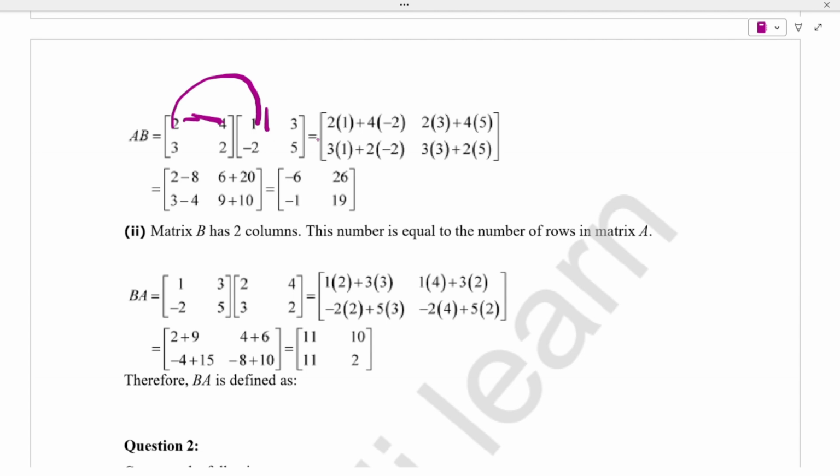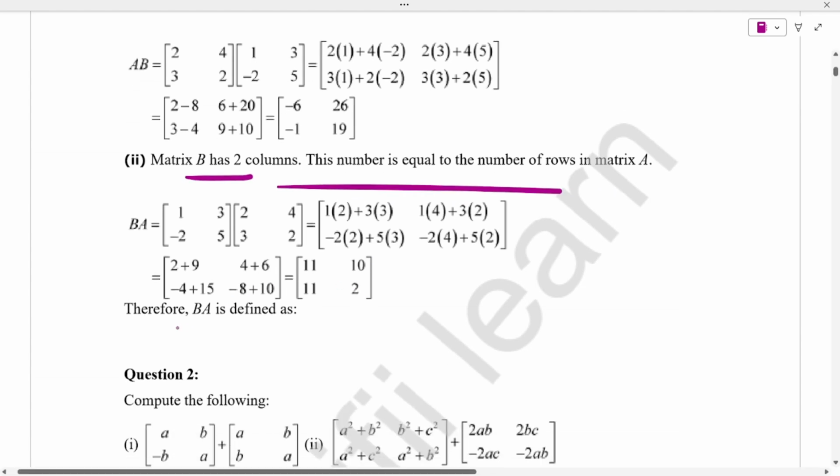I hope you got it. Next is 2 into 3 plus 4 into 5. Next is 3 into 1 plus 2 into minus 2, and 3 into 3 plus 2 into 5. You have to add all those and write it. The same way you have to do for B into A also, because it will not be the same, since here you are doing first B then A.